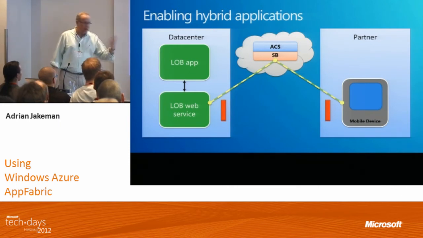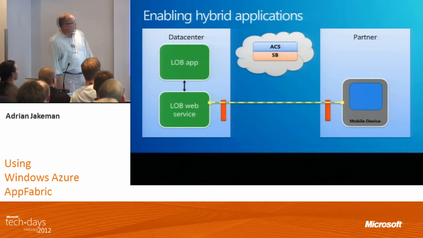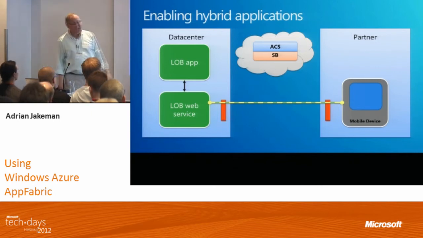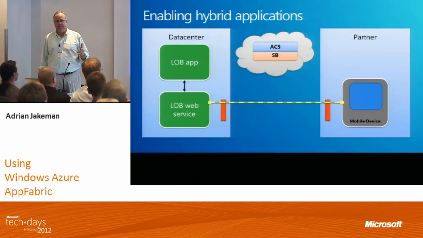The line of business service does whatever it's got to do, perhaps sends an answer back to the client, and possibly, if the devices can talk to each other without going through the service bus, we can ask for them to communicate now without going through the relay of the service bus, thereby not incurring any cost. Because cost with AppFabric is all based around transactions, either through the service bus or through the Access Control Service.